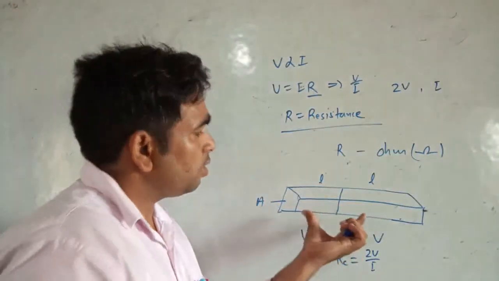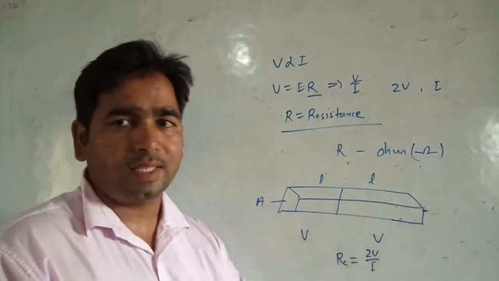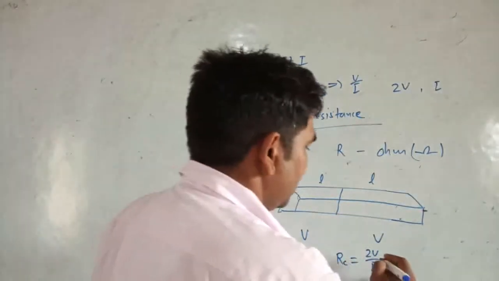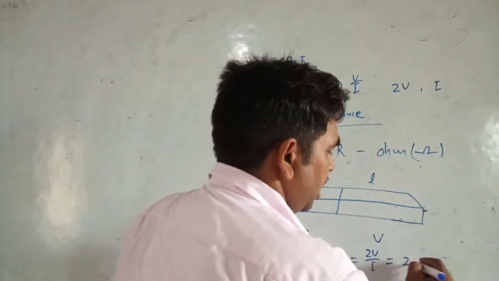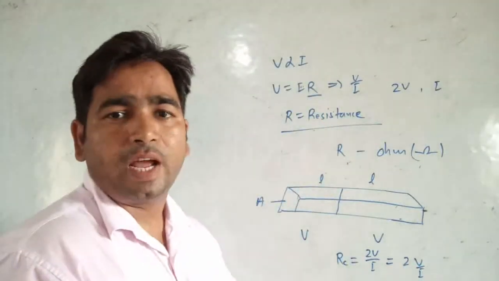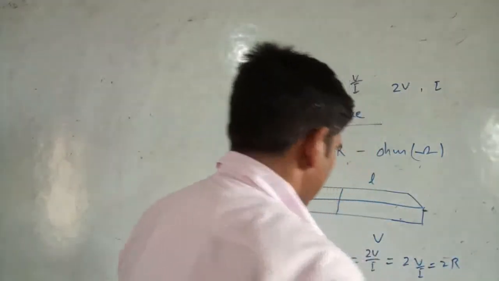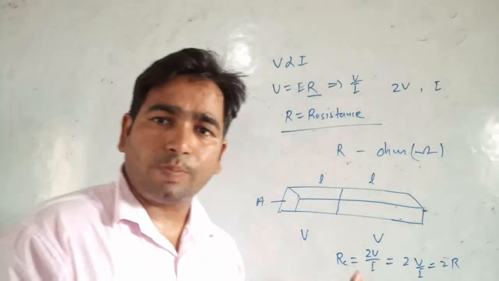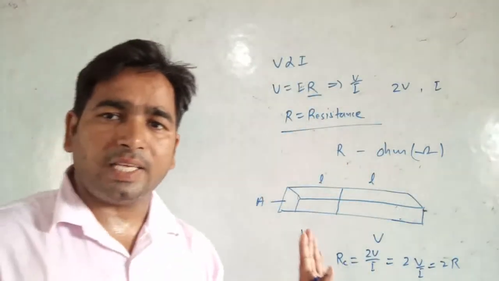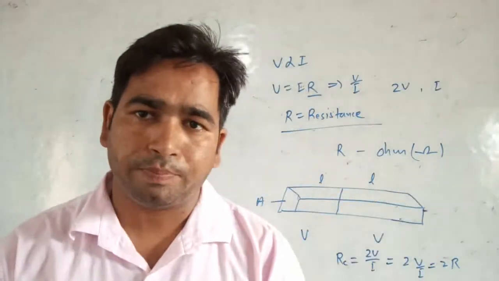Because the total potential is 2V and the current I is applied in this conductor. So RC equals 2V upon I, or 2 into V upon I, and you know that V upon I equals R. So it means 2R. It means resistance depends on the length of the slab.